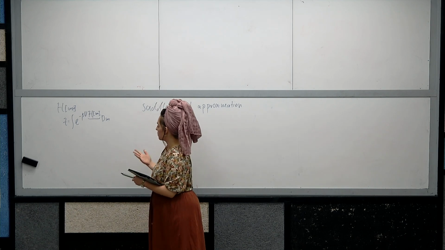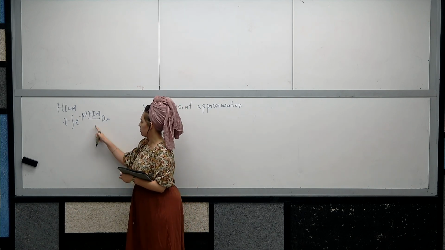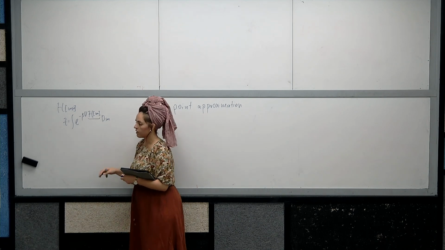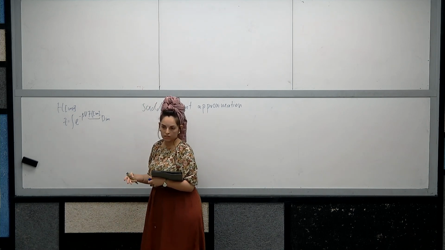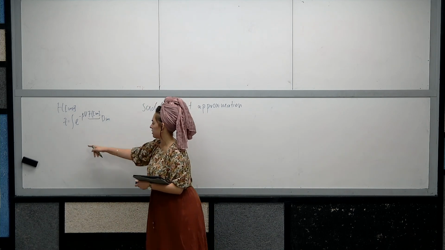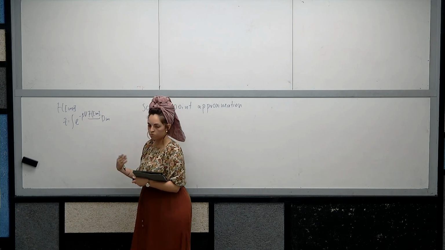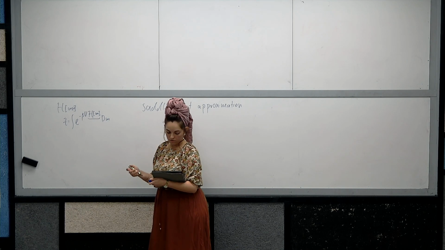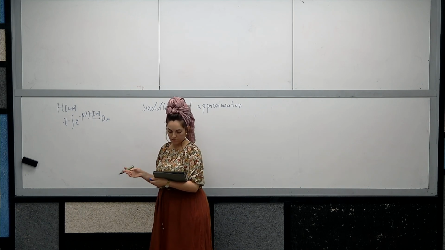What you do in the saddle point approximation is you look at the minima of H[m], and this is what gives the highest contributions to this integral. And now we will see why it's true, and then we'll solve some examples.